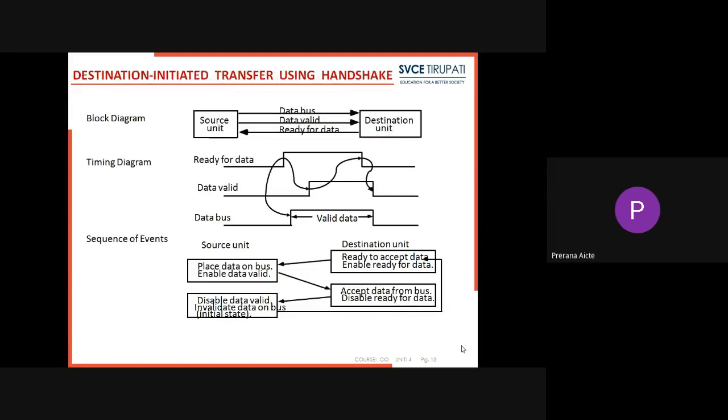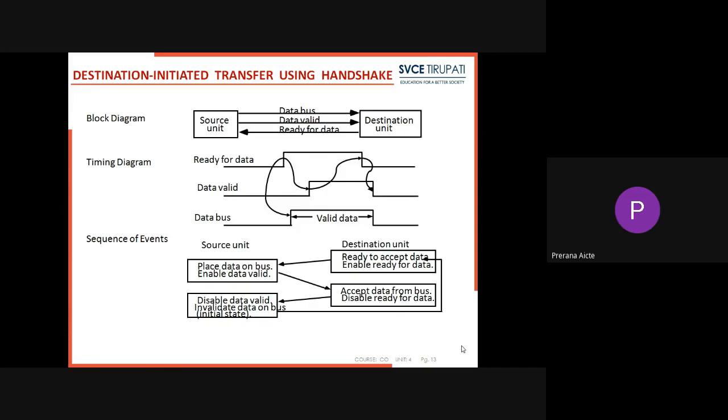If one unit is faulty, the data transfer will not be completed. Such an error can be detected by means of a timeout mechanism, which produces an alarm if the data transfer is not completed within a predefined time.